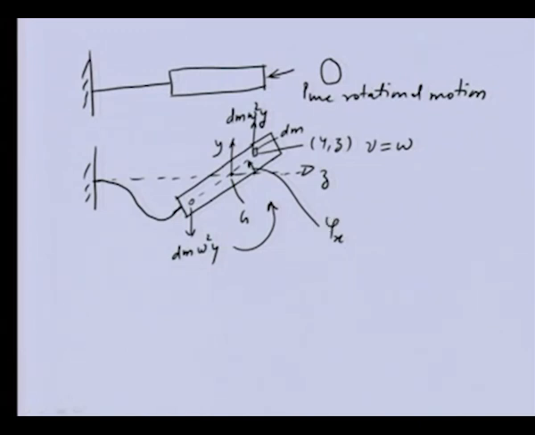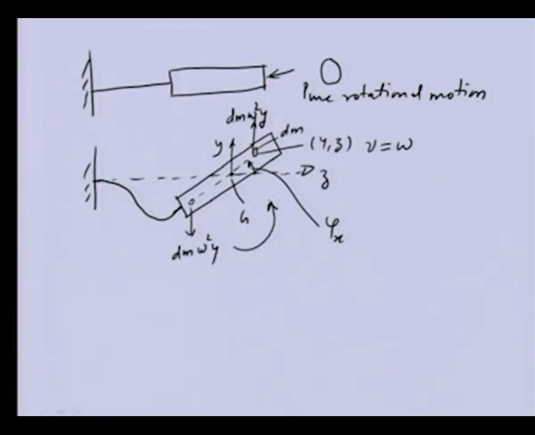That means the effective stiffness of the system is getting reduced, because more displacement means less stiffness. We can expect a decrease in the critical speed also, because critical speed is defined as root of k by m, here effective stiffness by m. Because stiffness is decreasing, we expect the critical speed will decrease for this particular case.